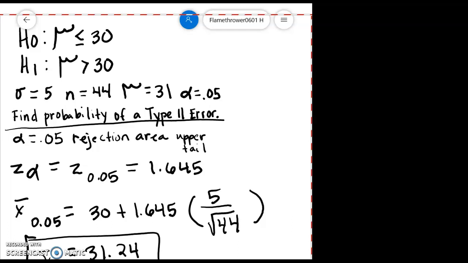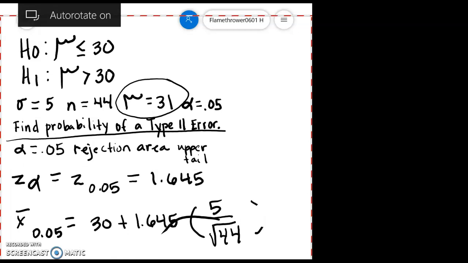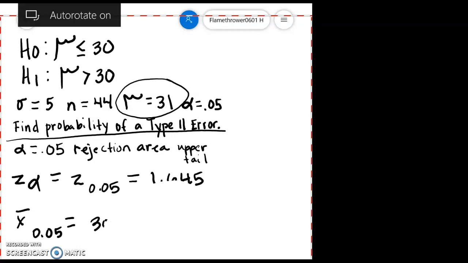So now that we have found our critical value, the null will be rejected if our mean is greater than 31.24. Okay, so I'm going to erase this here and rewrite this real quick.